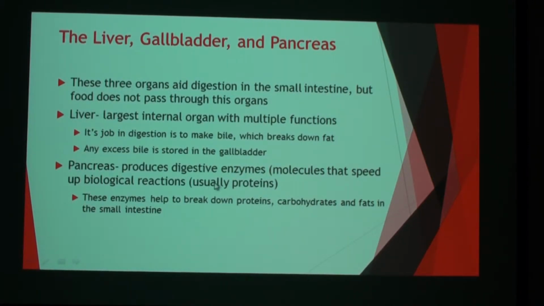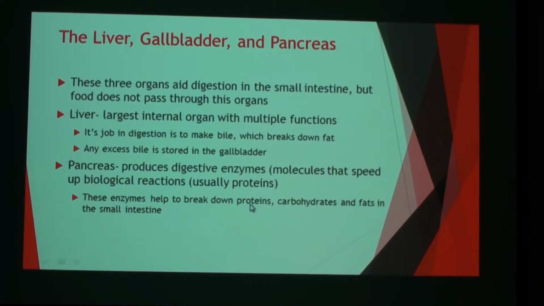The pancreas produces digestive enzymes. Enzymes are molecules that help speed up reactions, biological reactions in this case, and enzymes are usually proteins. These enzymes that are produced in the pancreas help us break down proteins, carbohydrates, and fats once they are in the small intestine.